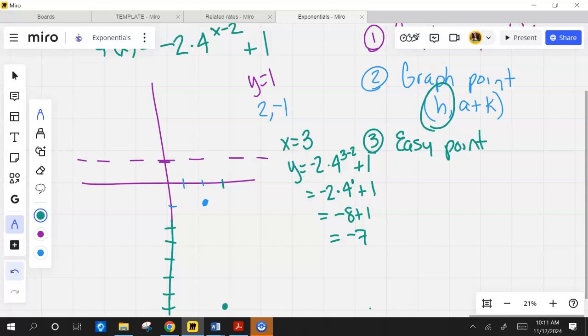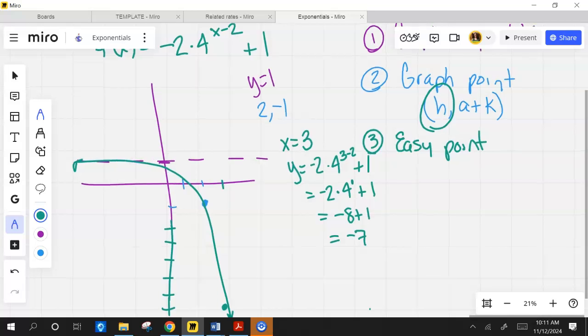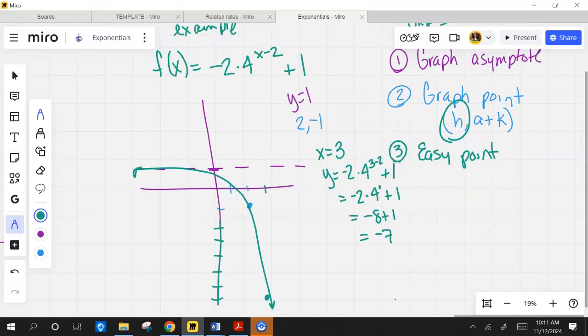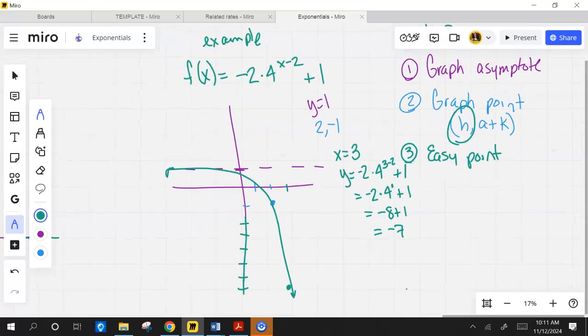Now, if I connect these, clearly this is going down really fast this way, right? Which means it's got to hug the asymptote in this direction. Why is it under the asymptote? Can't touch the asymptote, but look at your equation. We said that this was a growth. Why is it below the asymptote?